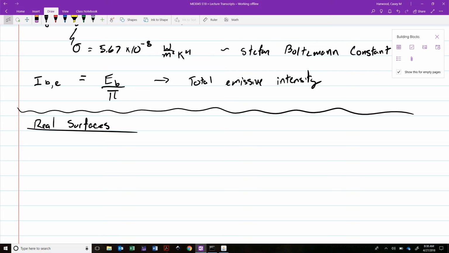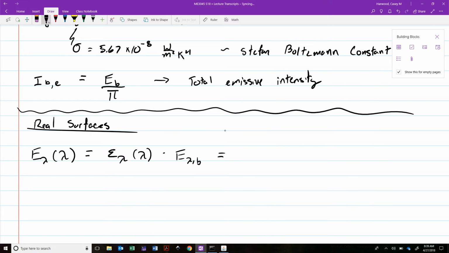So we've covered part of this already. This should just be sort of firming up some definitions we've already talked about. The idea is this. If you have a real surface, you can write its spectral emissive intensity, E lambda, which is a function of lambda, equal to the spectral emissivity, which is a function of lambda, times the spectral emissive power of a black body.